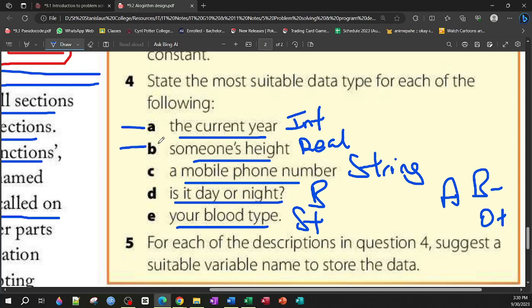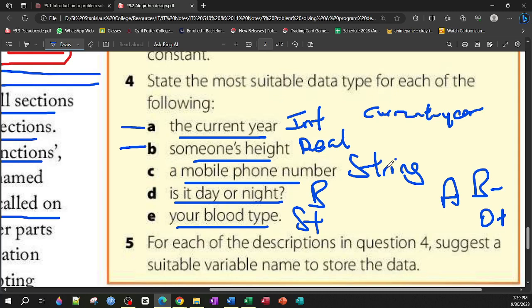B. What variable name can we use? For B, you could call them person one height. No, when you're storing those things, you basically use only one variable for everybody.